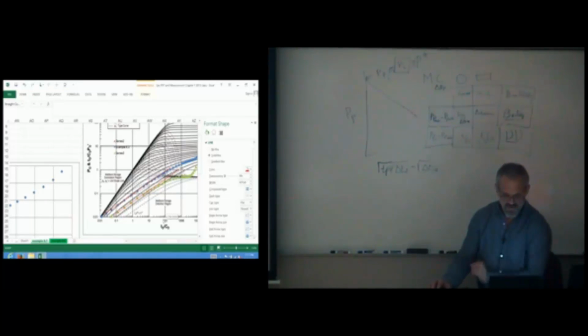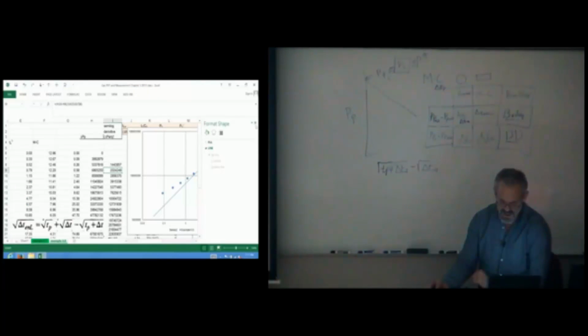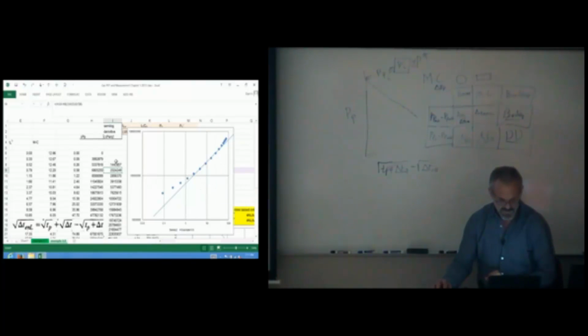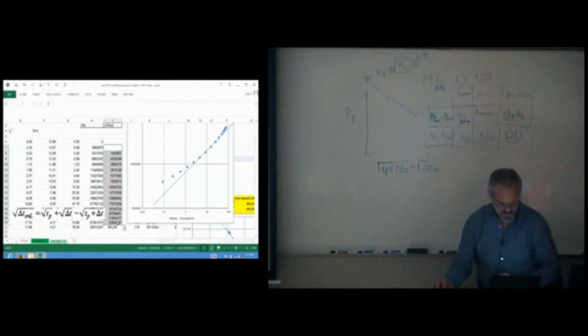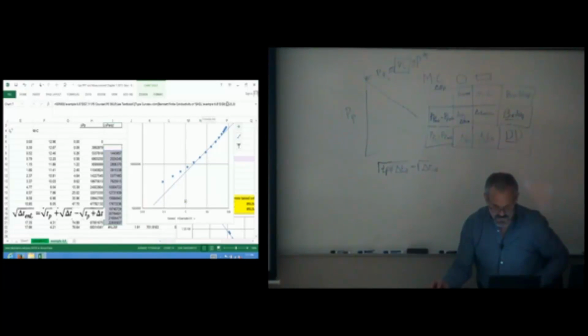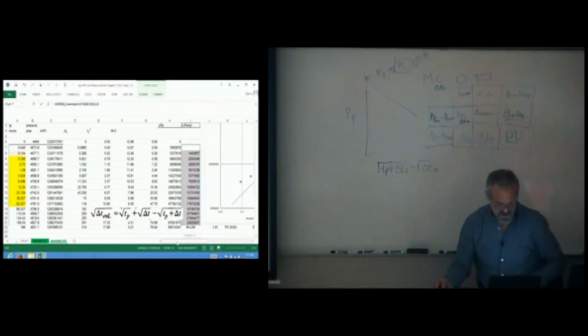Let's see if we get the same information on 6.8. So I don't have the pressure derivative on this plot. Let's put it on there. I've got some extraneous stuff here for my x values.